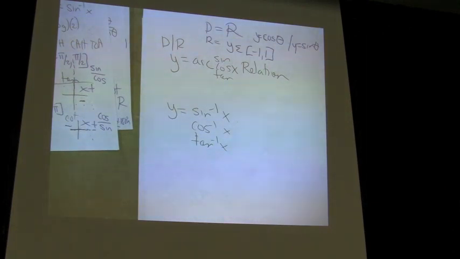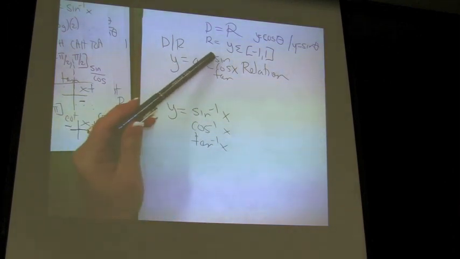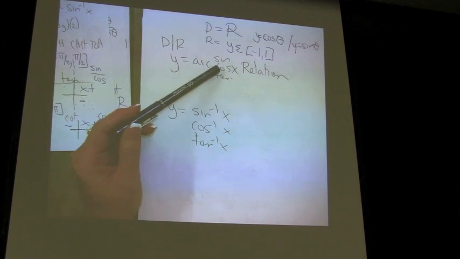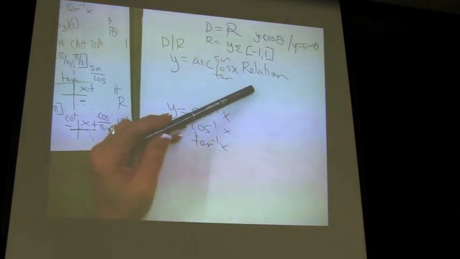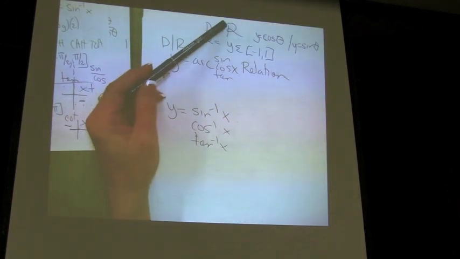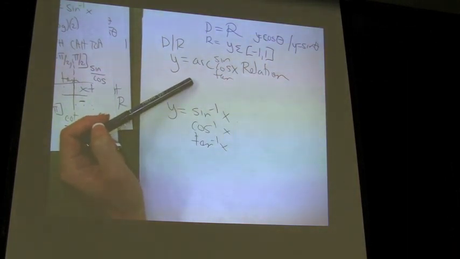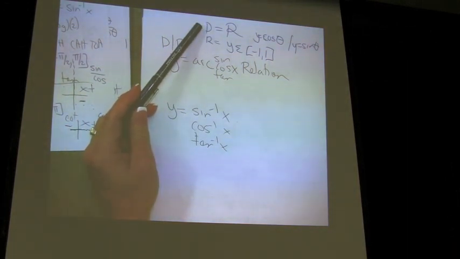Last year in Algebra 2, you learned that when you found an inverse, the domain became the range and the range became the domain. So if you were finding the domain and the range of arc sine or arc cosine, the relation, since the domain of the regular function is all real numbers, the range of the relation will be all real numbers.